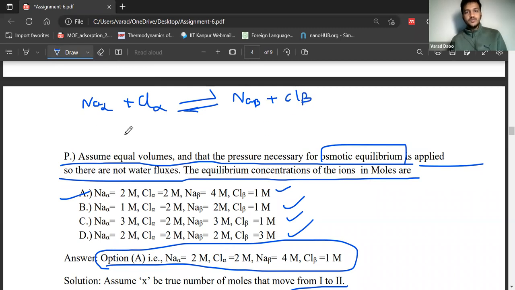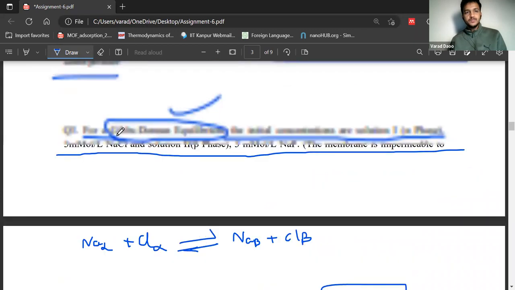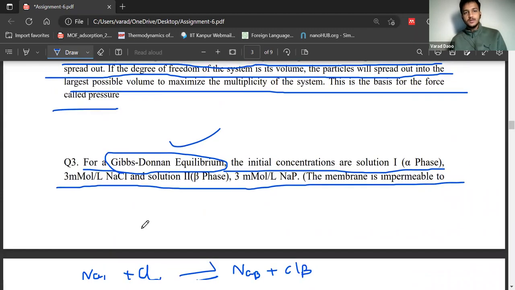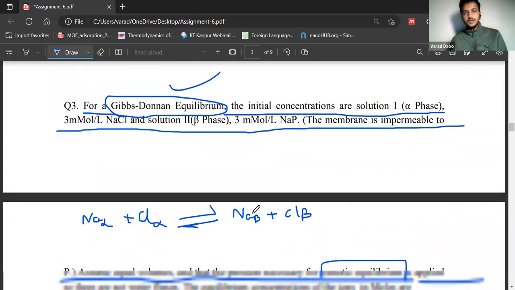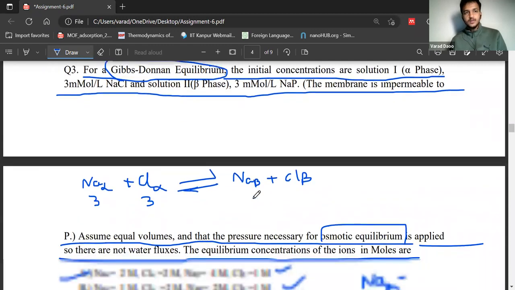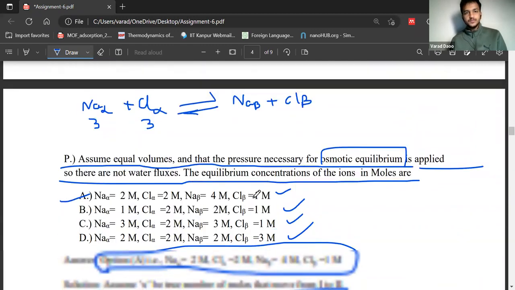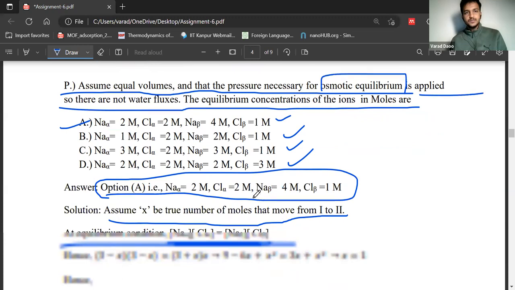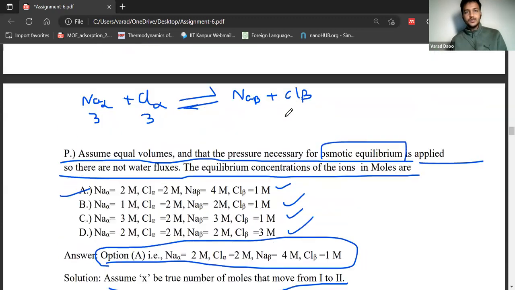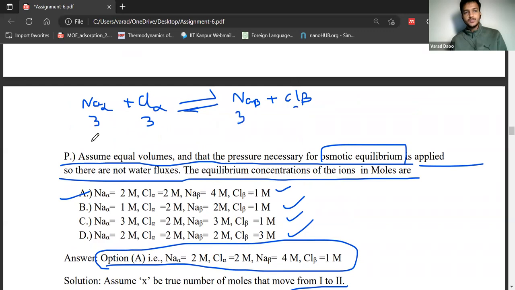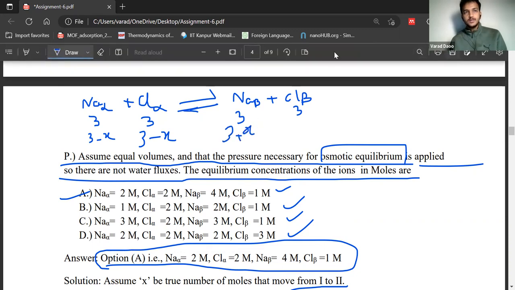So initially how many we had? 3, right? 3, 3, 3. This is also 3, this is also 3. So x got converted: 3 minus x, 3 minus x, 3 plus x, and this is, I think, 0, right?